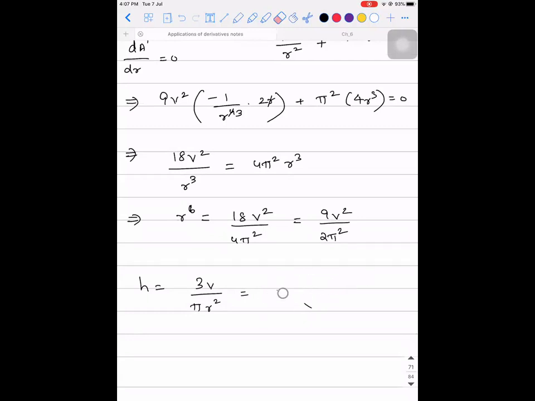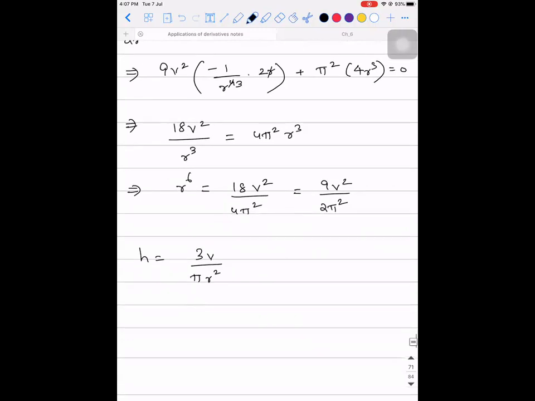So just a minute. So can we square h and take it as? You cannot square h because that is what you need to prove, no? No, sir. Then we can take it as root at the end. We'll do one thing. You square it. So it will become 9v square by pi r power 4.